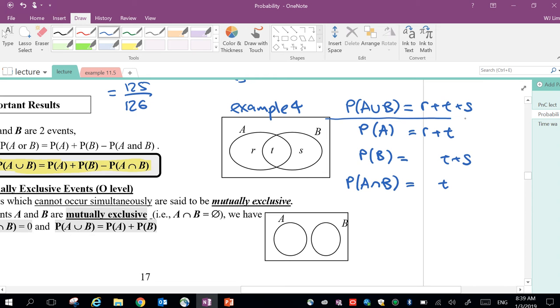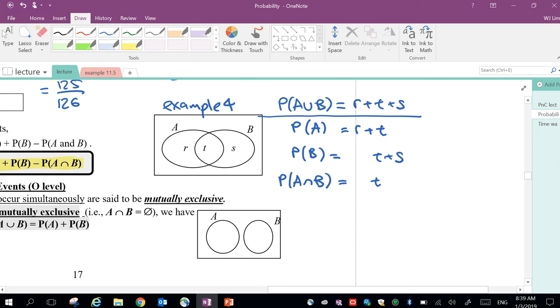You notice that if I add up PA plus PB, you get R plus 2T plus S, but you want R plus T plus S. What must you do?